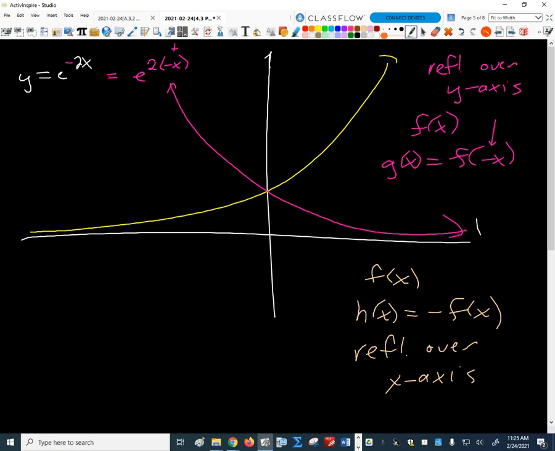So that's what we get with an exponential function with a negative exponent. Okay, that makes sense. Maybe give me a 1 to 5 on that reflection. Does everybody get that? If I'm just going to replace an input variable with its opposite, then that always serves to reflect it over the y-axis.